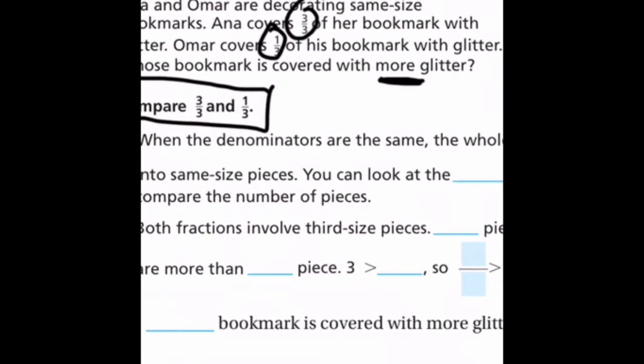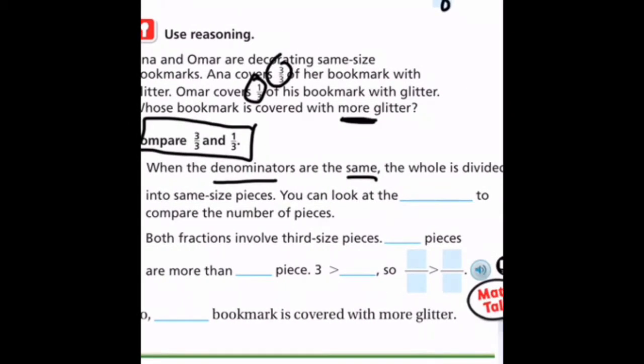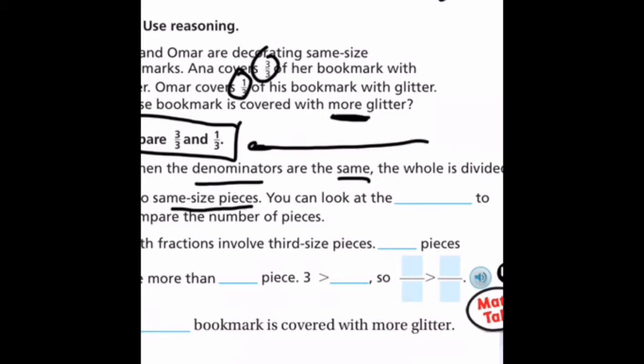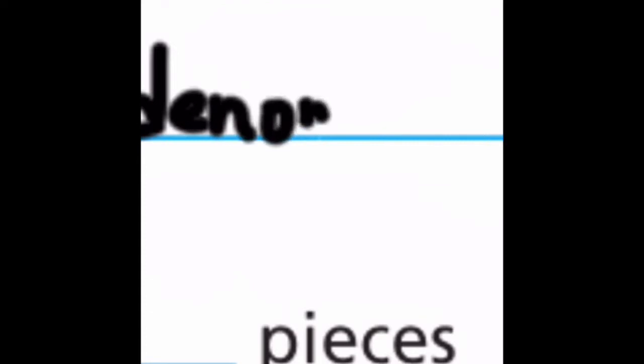It says, when the denominators are the same, the whole is divided into the same size pieces. So in this case, each one is divided into 3 equal pieces. You can look at the denominator to compare. Denominator, D-E-N-O-M-I-N-A-T-O-R.